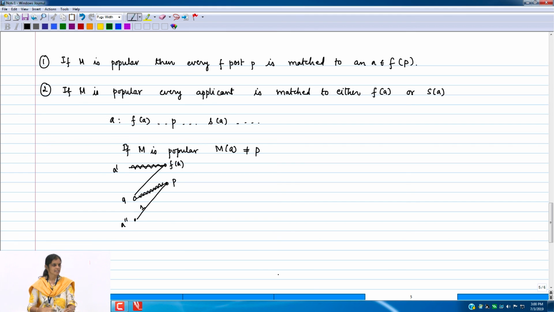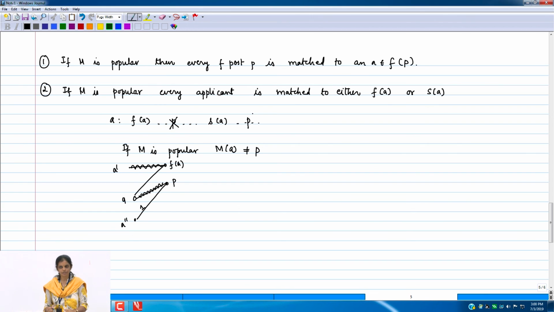In which case we get 2 promotions at the cost of 1 demotion. And therefore, we have argued that it cannot lie between F of A and S of A. A very similar argument will show that it is not strictly less than S of A. I will leave that as a small exercise. It is a very similar proof.